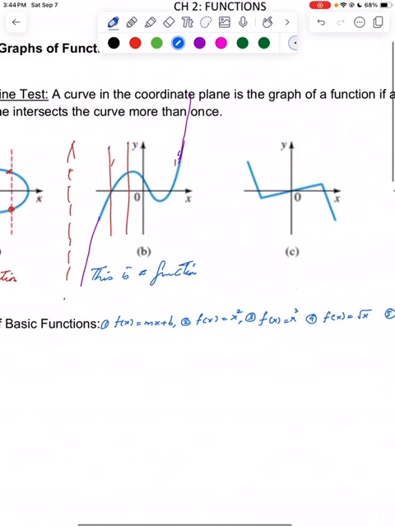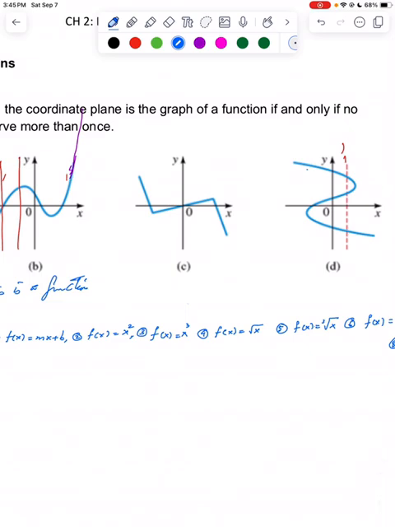Okay. Next example. Again, you have to assume that this is going on and on. And even if it is restricted, because you see the axes are kind of stopping here, that doesn't mean it is a problem, because we have to cut down somewhere, we cannot go to infinity. Let's say the x values go from this point to this point, and the y values go from here to here.